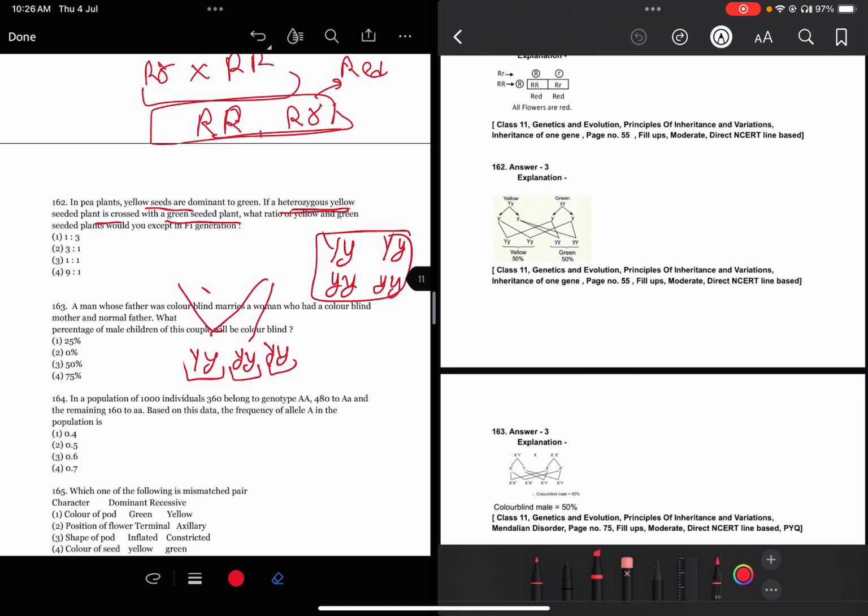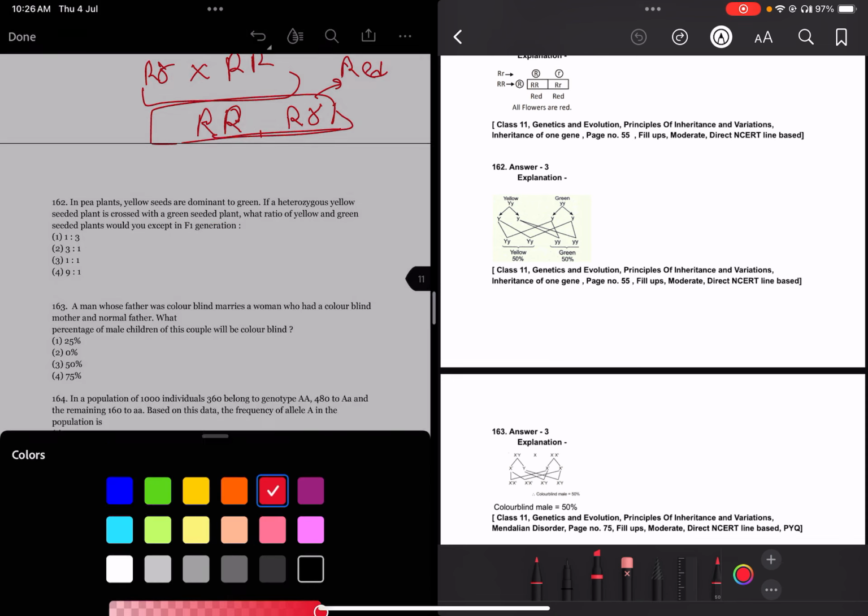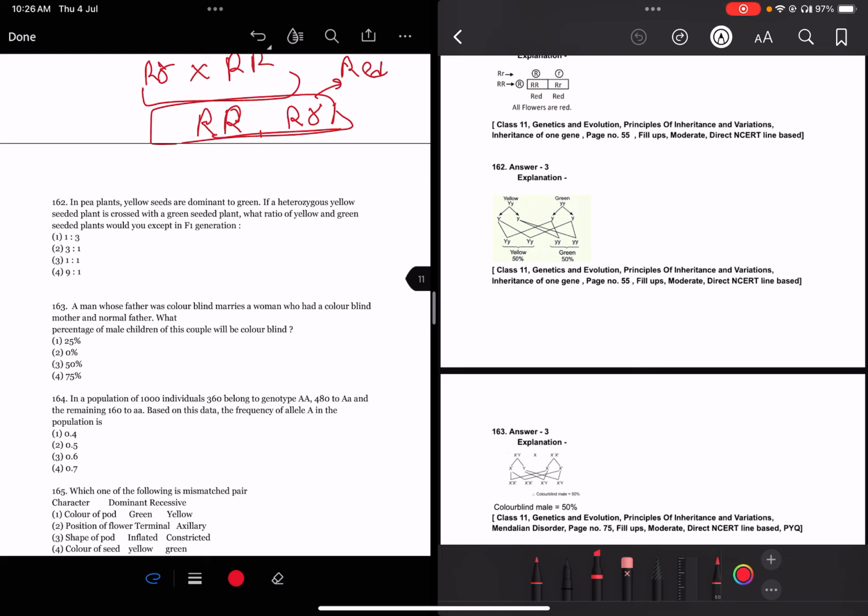We can see the cross also. Now read the question carefully. The question says heterozygous yellow seed. Heterozygous means this one is crossed with homozygous. Green is only possible when this is homozygous.